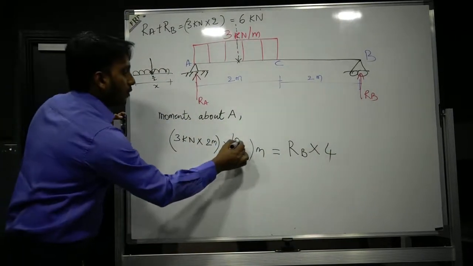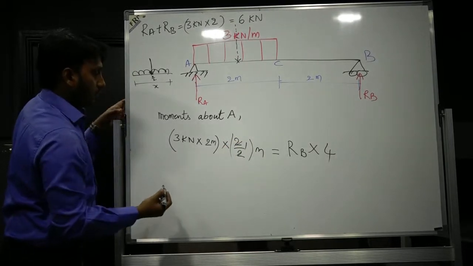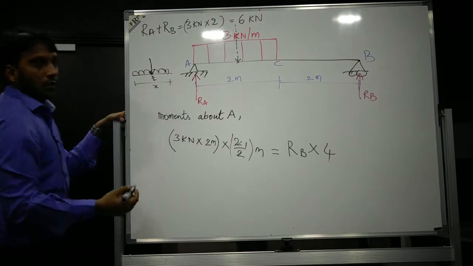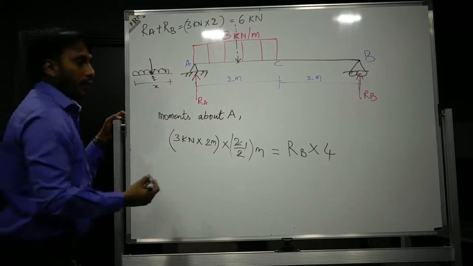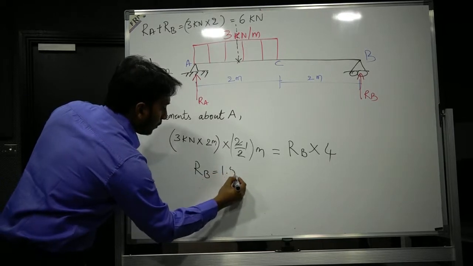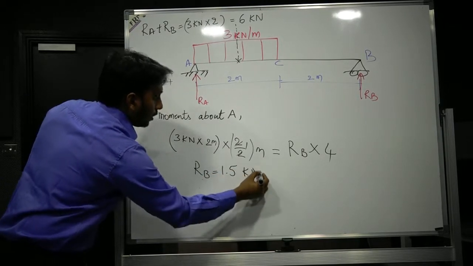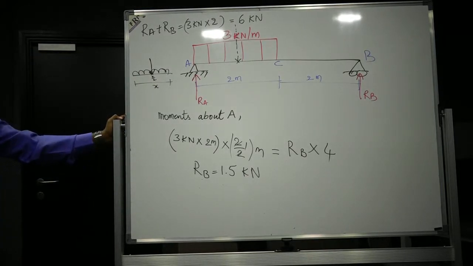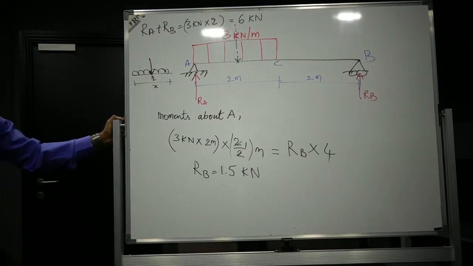So 3 into 2 into 1 is 6. If you solve this equation, we will get RB equal to 1.5 kilonewton.